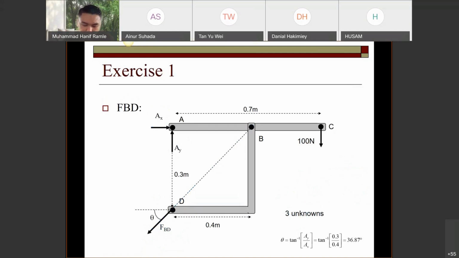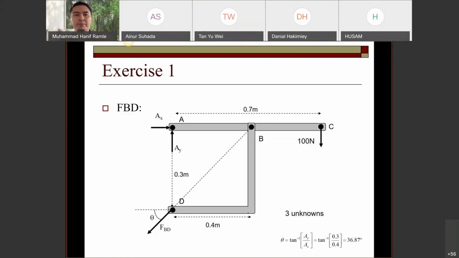In this example also, the direction is different from mine, but it is not really different, because later on if you get a negative answer, you will get the correct direction. It is very subjective. If you want to do compression, you can do like me. If you want to do tension, you can do like this one. I give you two examples.